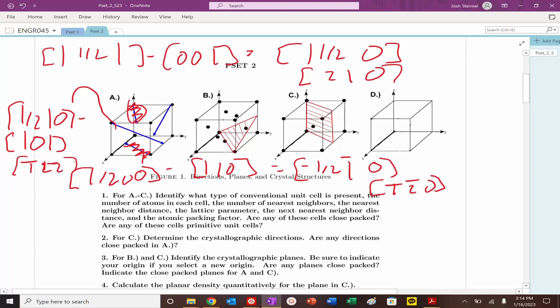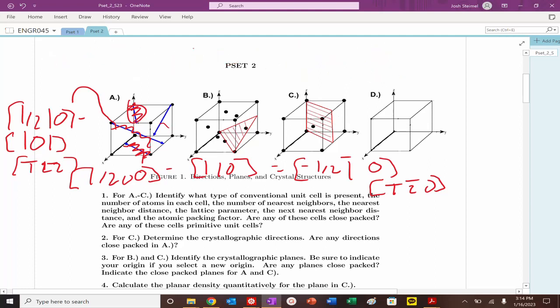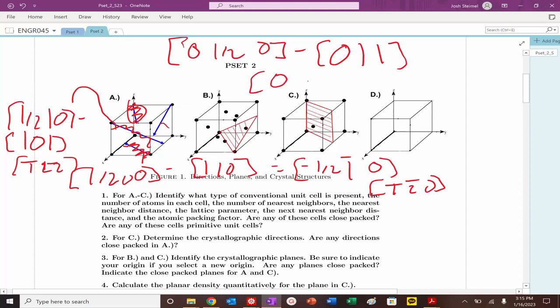There we go. And finally this one, where are we going? Let's delete this one here. My finish is at 0, 1/2, 0, minus my start, which is at 0, 1, 1. So again, what is that going to leave me with? It's going to leave me with a 0, a minus 1, and then a minus 2. There we go. We got it.